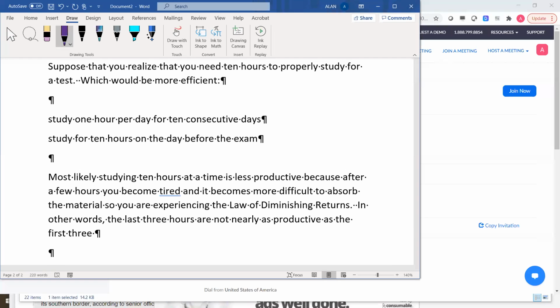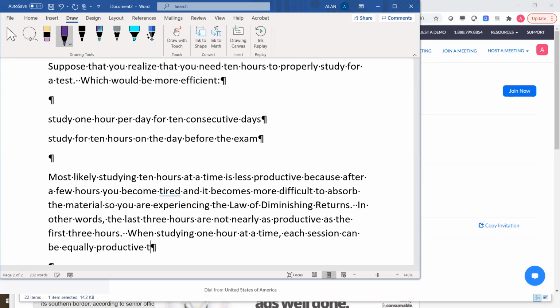I think you'll all agree with that one. Even if you do cram, when studying 1 hour at a time, each session can be equally productive. So the total amount of learning should be greater as a result.